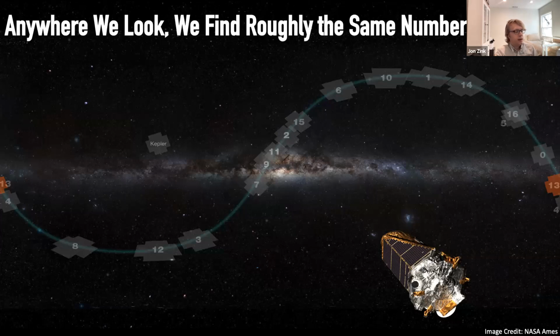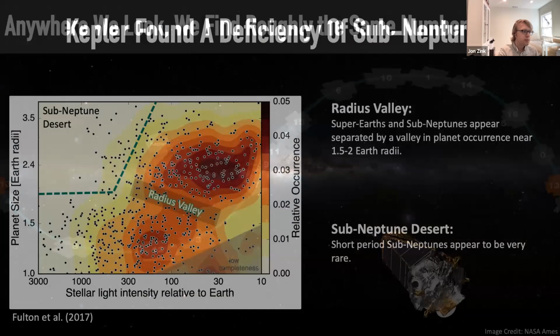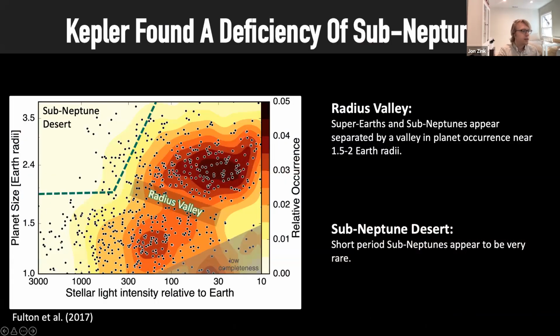So let's dig in on that a little bit more. Generally, it looks like K2 lines up really nicely with Kepler. What about some of these more famous occurrence trends that we've identified with Kepler? How do they appear to line up with K2? Just to highlight a few here, I'm plotting stellar flux on the x-axis, and then planet size on the y-axis.